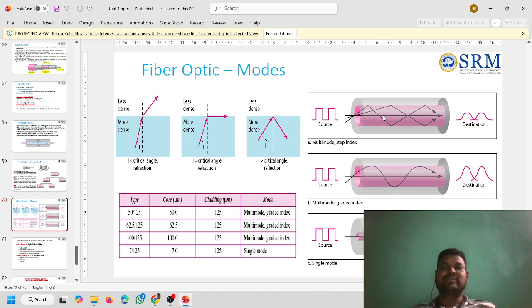Angle of incidence, for example: you have generated a light signal from the LED source and you have to join it to the cable.